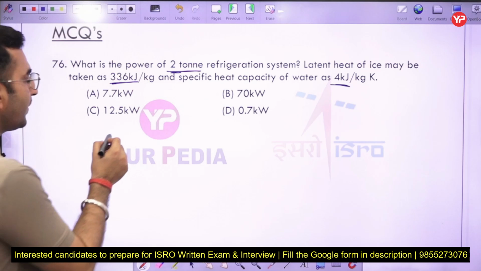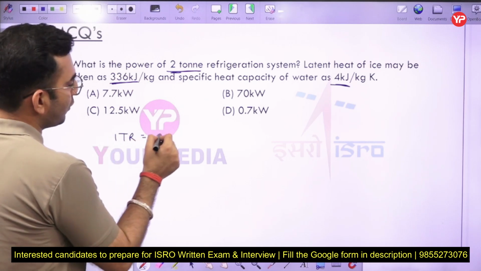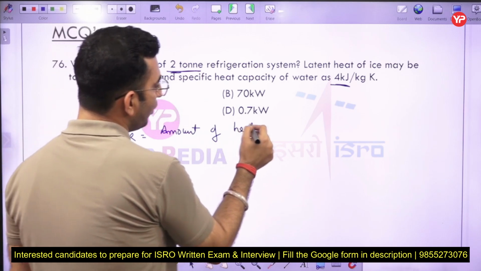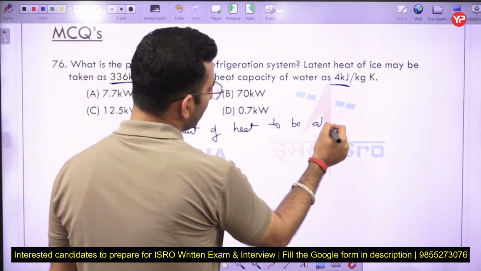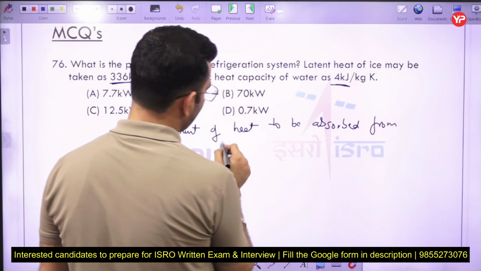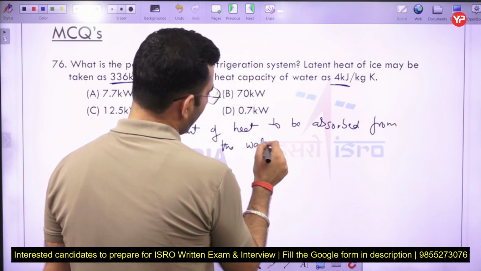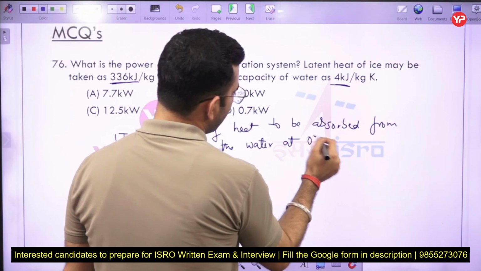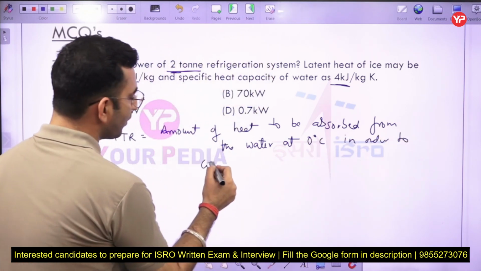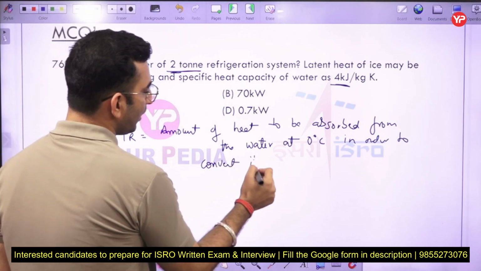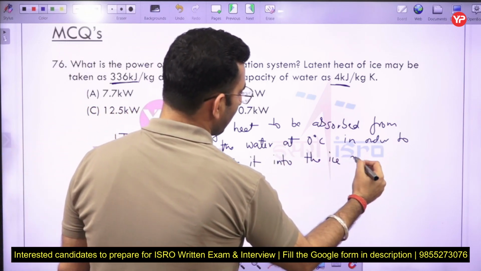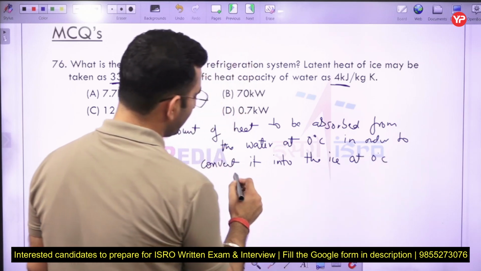So I can say 1 ton of refrigeration is equal to the amount of heat to be absorbed from the water at 0 degrees Celsius in order to convert it into ice at 0 degrees Celsius in 24 hours.